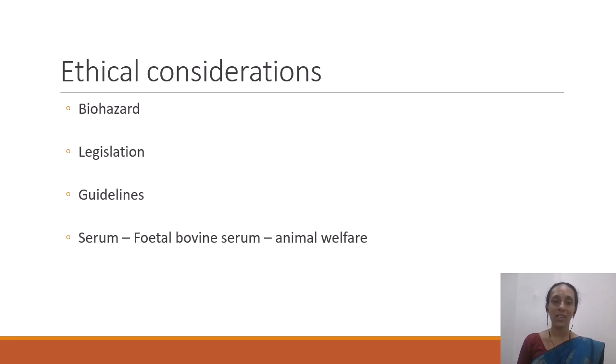There are a lot of legislations and guidelines around the procurement, use, and disposal of all the components related to cell culture, right from the media components, all the substituents added in the media, the cells that are purchased, and particularly something called serum that is added in the media. The serum usually is fetal bovine serum or fetal calf serum, which is a major ethical consideration among animal welfare units because it is obtained from fetal tissue.